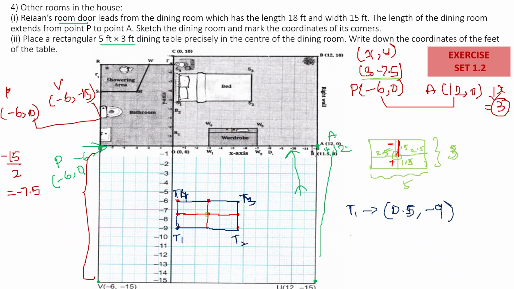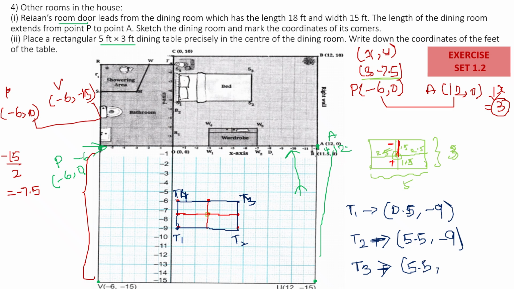And what about T2? So what is our x? It's going to be 5.5, right? 5.5 comma, what about our y? It is minus 9. Yeah. Then T3. So what about our x? x is the same, 5.5.